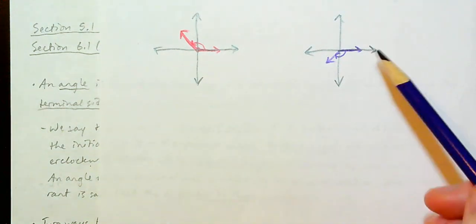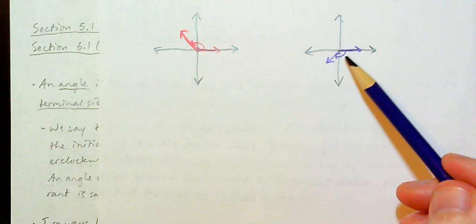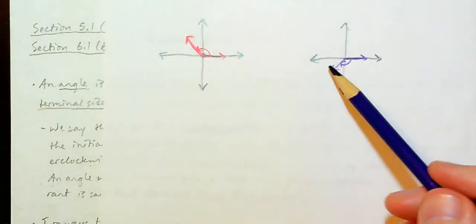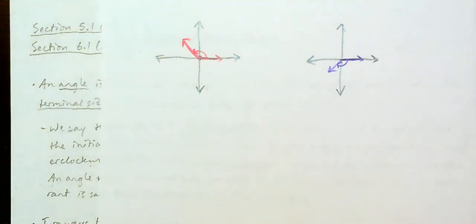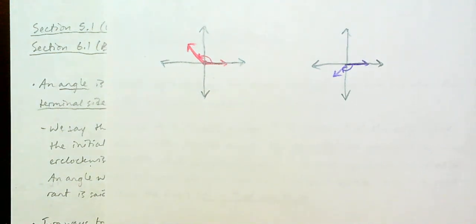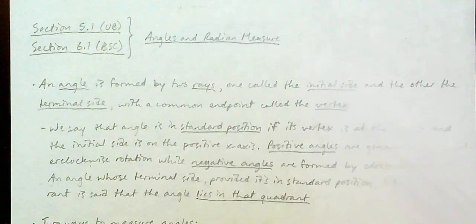We started on the positive x-axis and then we rotated clockwise to get to this terminal side here. So counterclockwise rotation means positive, clockwise rotation means your angle is negative.